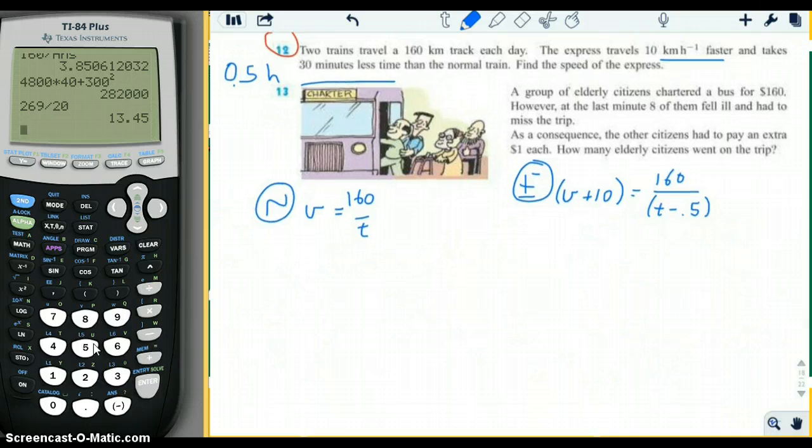let's see, we want to make this into a quadratic equation with only one variable, and we have two, but we do have a way to change those two variables into one because we have a relationship between the two variables. So let's substitute 160 divided by t in for the v here, and then we're going to get rid of one of the variables.